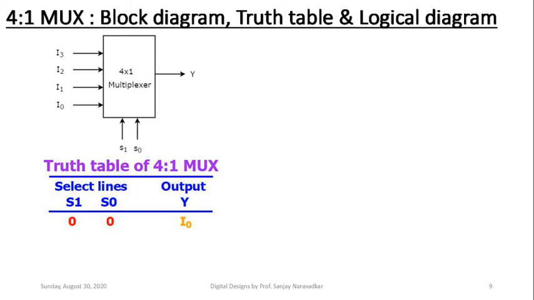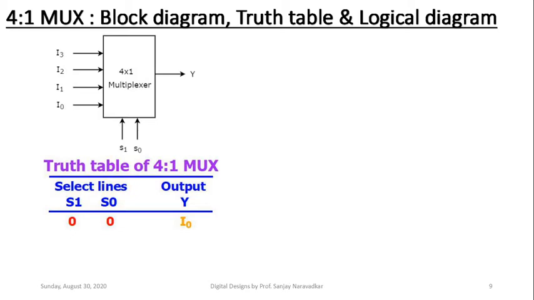So whenever select lines are 0 0, then output Y is nothing but I0. Whatever logic, if I0 is equal to 0, output Y will be 0. But if I0 is equal to 1, output Y will be 1. Whatever logic available on that selected input line will be steered, that will be connected to the final output, the single output.